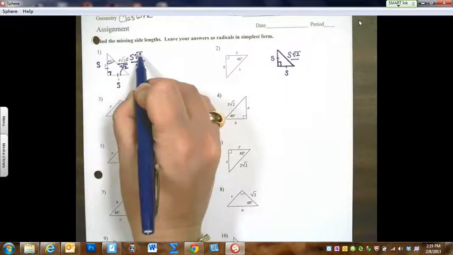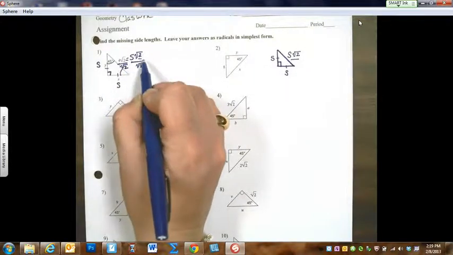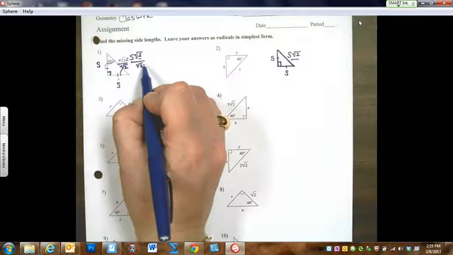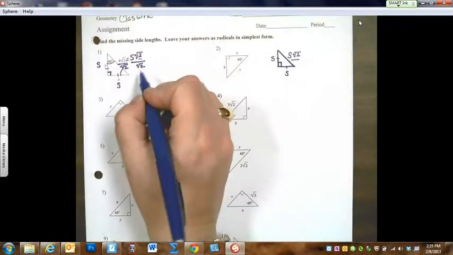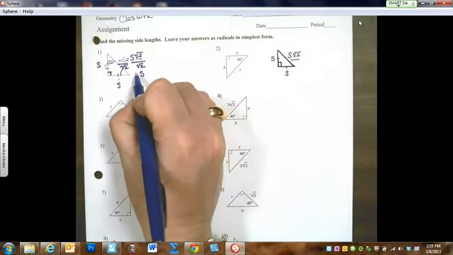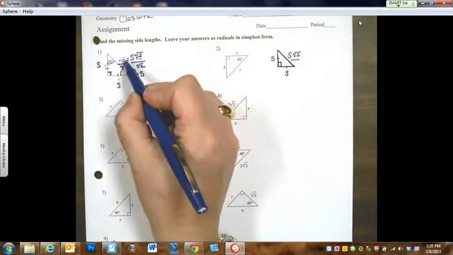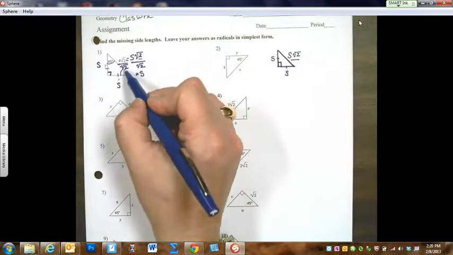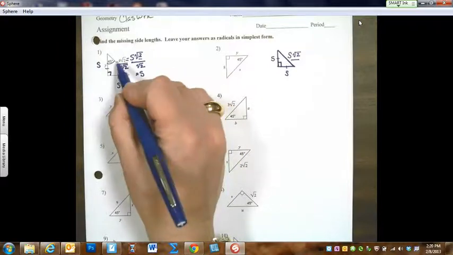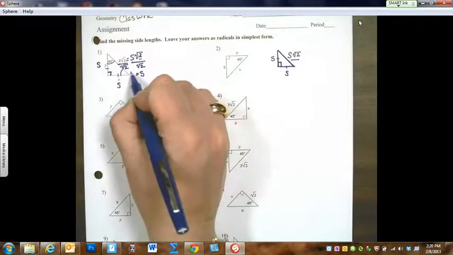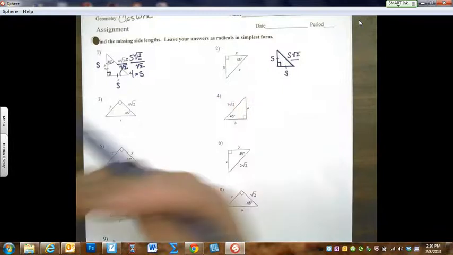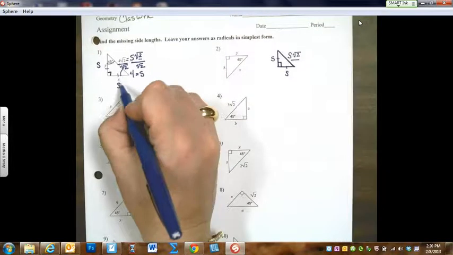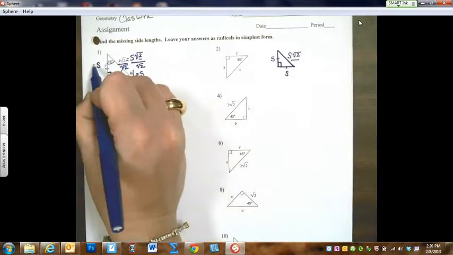Now, radical 2 over radical 2, or the root 2 over the root 2, is 1, because anything over itself is 1. So that means I have 1s equal to, over here I have radical of 2 over radical of 2. Once again, that's 1. So I have 4 times 1, so that gives me just 4. So that's mathematically why this s is 4 and this s is 4.